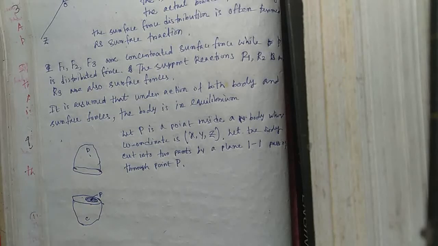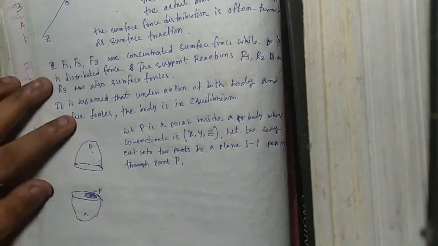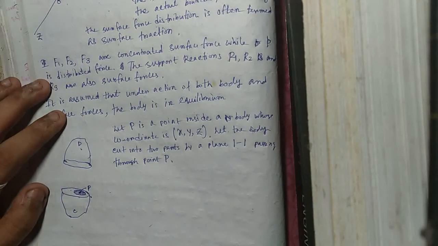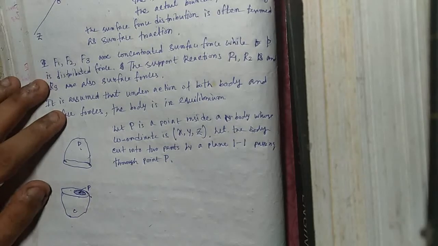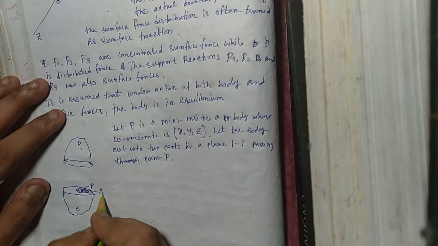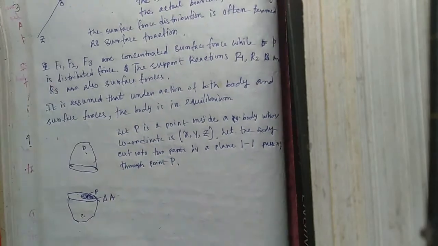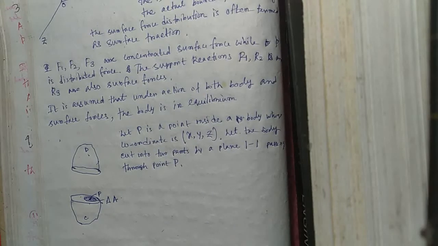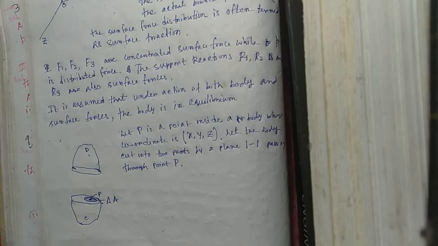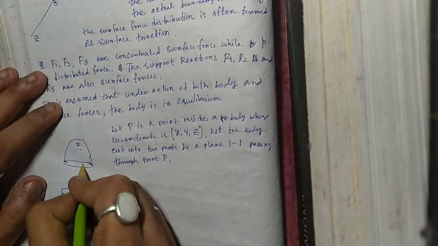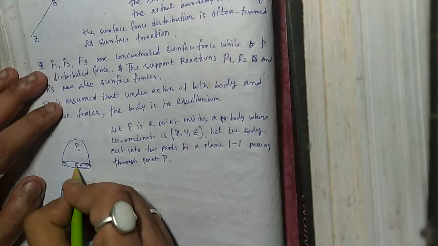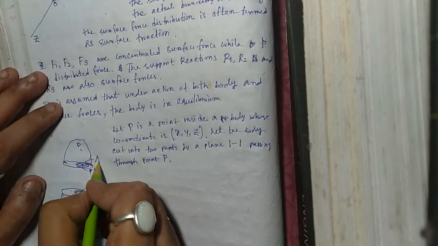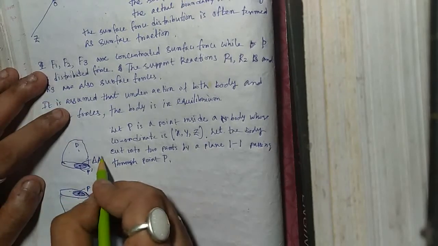In part C, let delta A be a small area surrounding the point P. In part D, the corresponding area at P dash, this point is P dash, we denote as delta A dash.